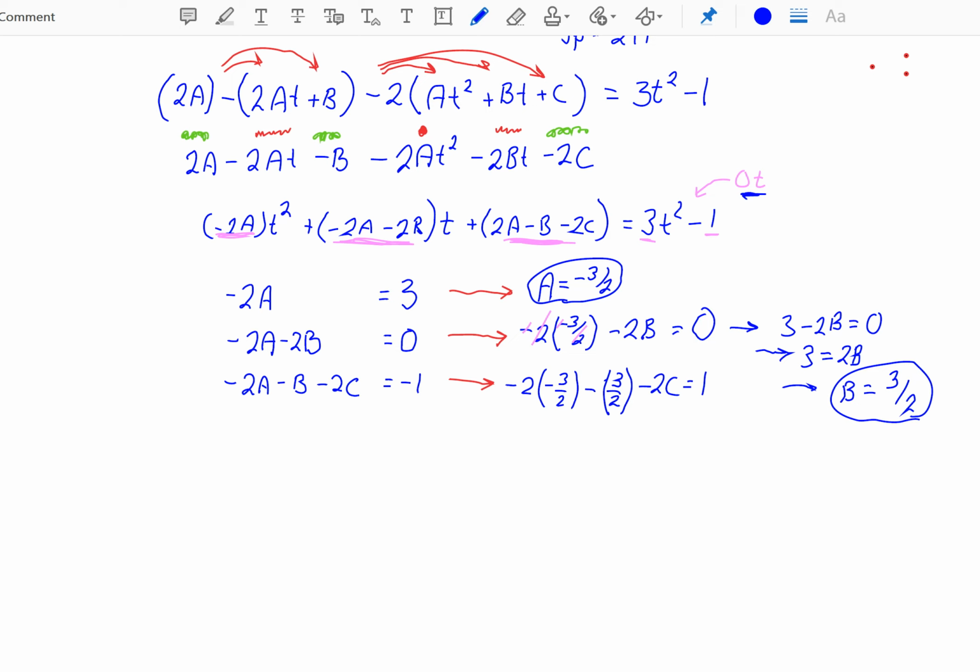And I think if we work on combining terms on the left-hand side, let's see, these 2's will cancel again. So this would be positive 3, or is it negative 3?